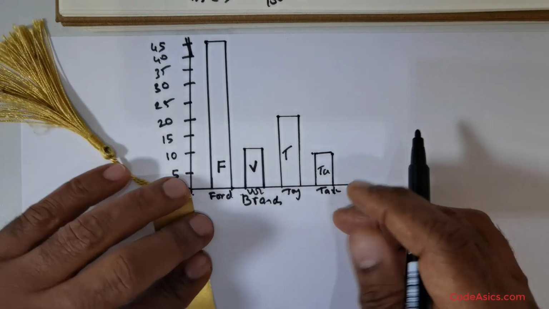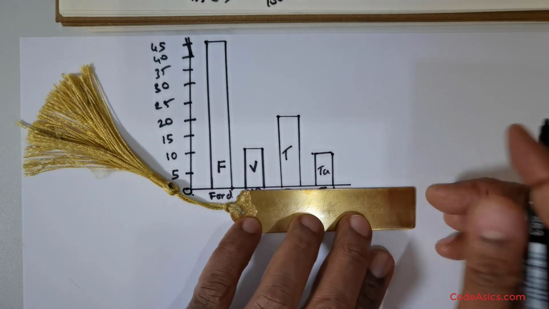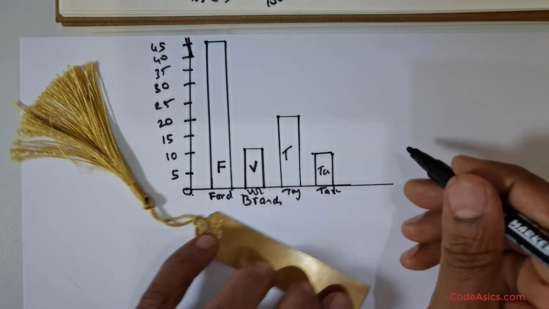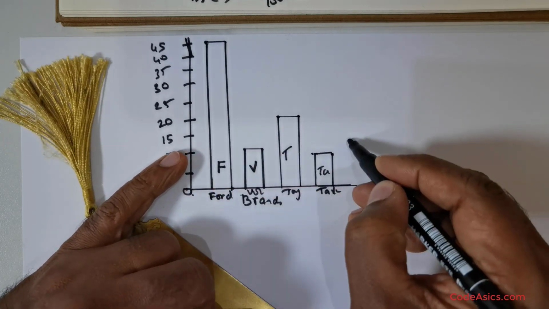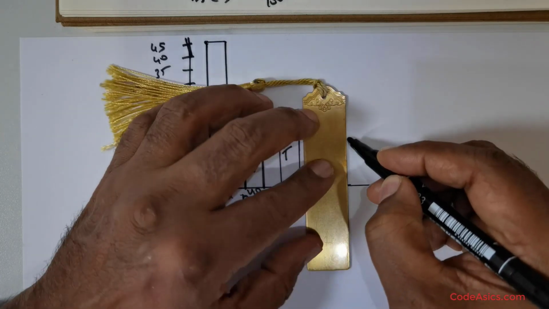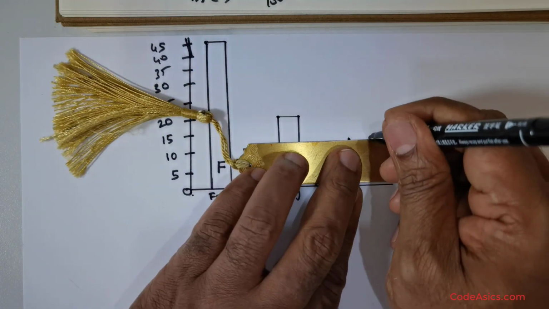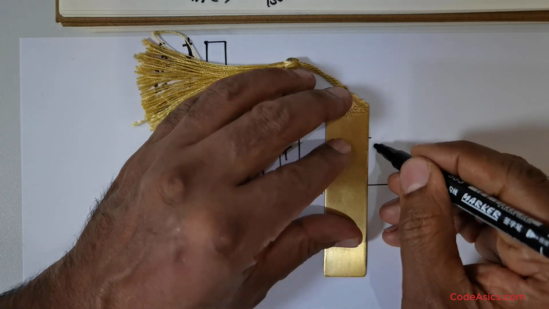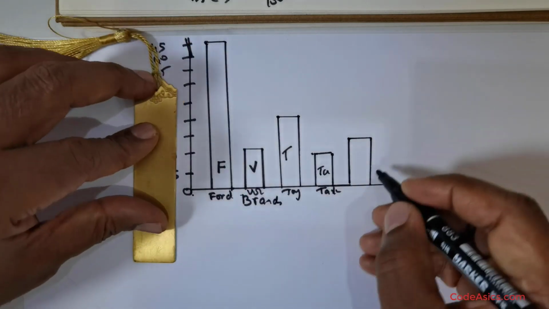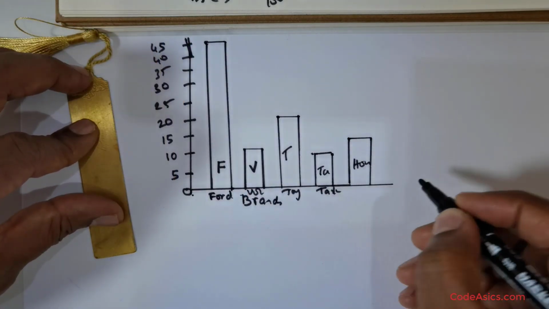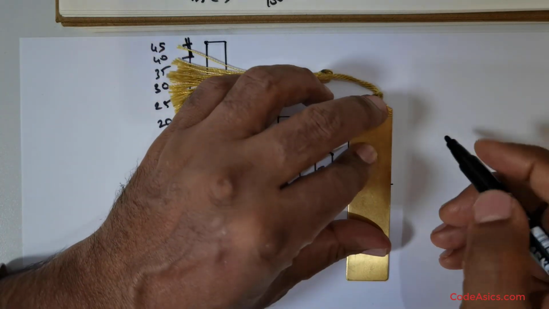Honda is 14, so you will have to stretch this line. Honda is 14, so 14 is over here, and then you draw 14 Honda, and then you have the last one.